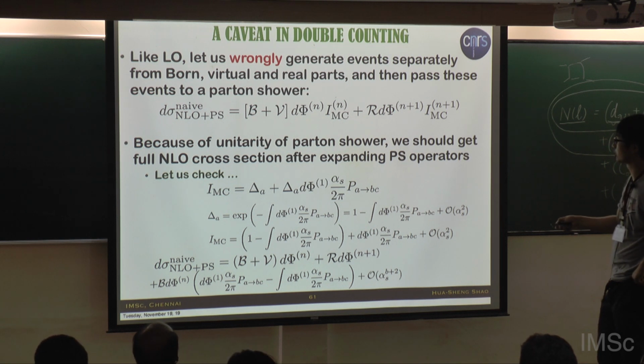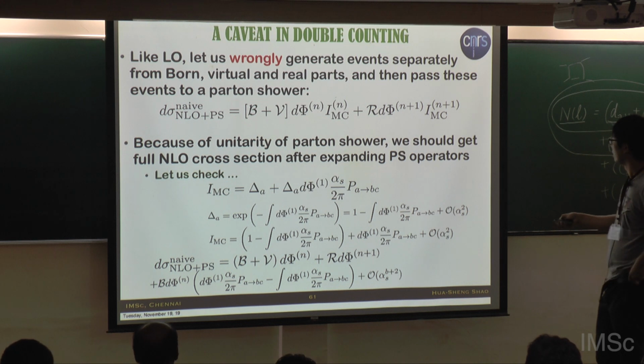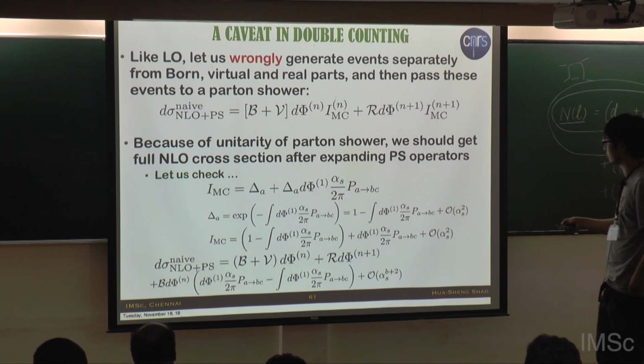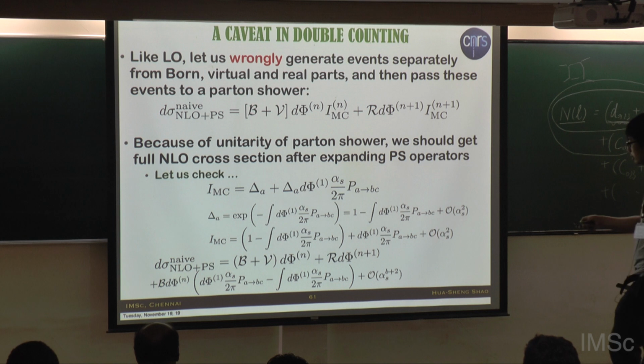It's just the splitting function, alpha S over 2 pi times the splitting function. That's the naive way. In reality, of course, it's not only these, but naively you can imagine it this way. So expand my exponential to order alpha S, because alpha S squared I don't care about, since I only go up to next-to-leading order.